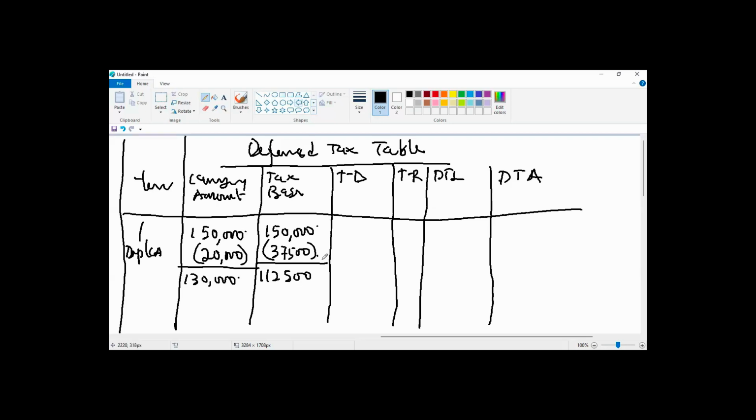We are not on the same page again. It has created a temporary difference. What is the temporary difference now? 130,000 minus 112,500, 17,500. Go to the question, what is the tax rate? 20%, given by the government.